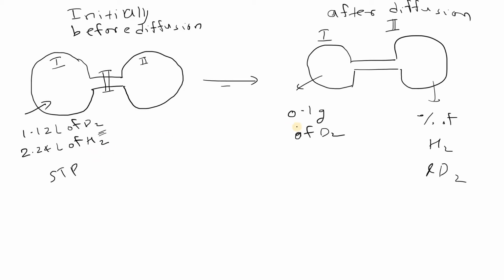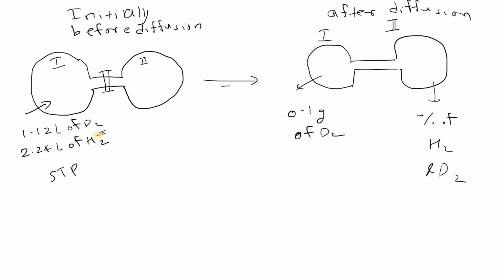By subtracting the two, we can get the mass of D2 in bulb 2. By comparing the rates of diffusion, we can get the mass of H2 left, and from that we can get the mass of H2 in bulb 2. From this we can get the percentage of H2 and D2. This is how we solve this type of questions.